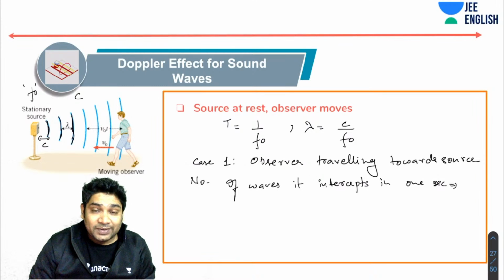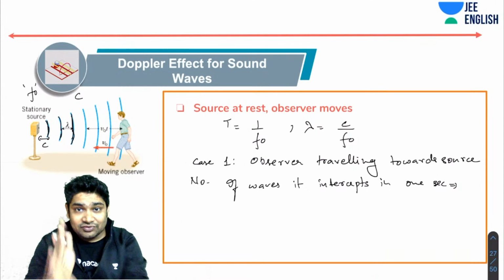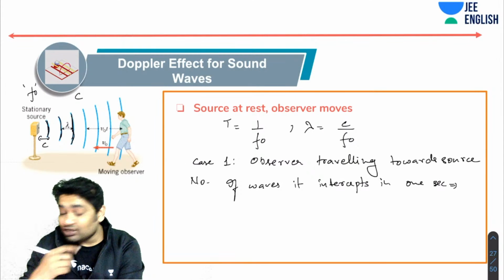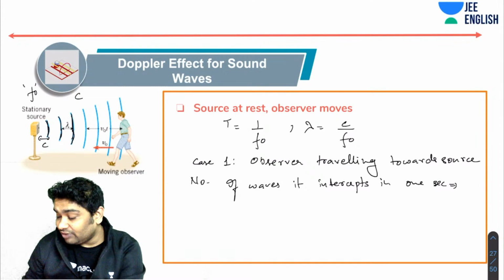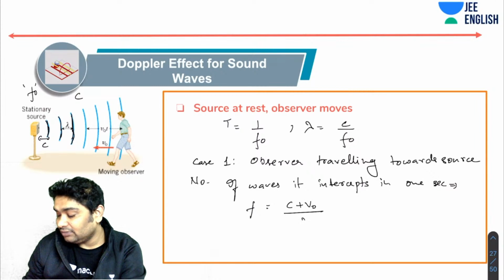So with respect to the observer, the waves would have traveled a distance of c plus v naught. In a distance of c plus v naught, how many waves would have been there? So f would have been c plus vo over lambda.